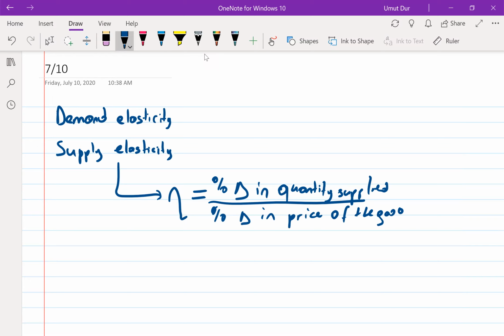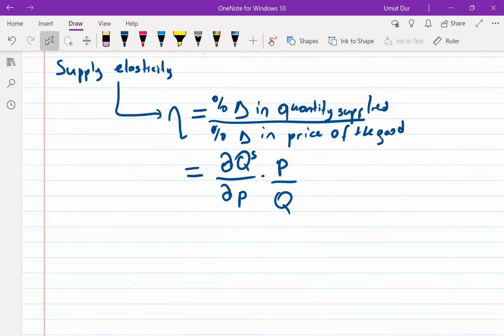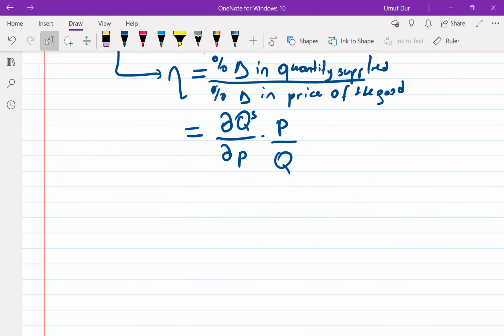If you would like to write it in terms of derivatives, it is dQ supply over dP times the price at which you are interested in finding this supply elasticity, price over the corresponding quantity. So this was the formula for the supply elasticity, and almost the same formula is also true for the demand elasticity.